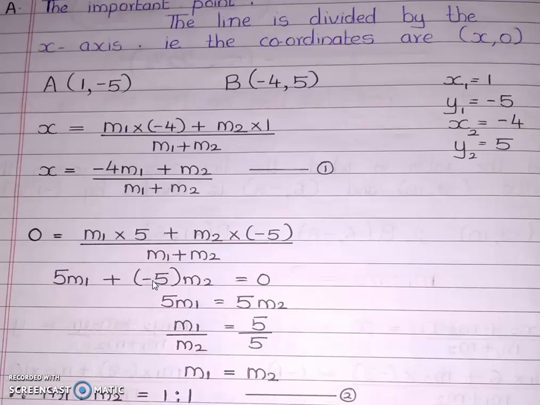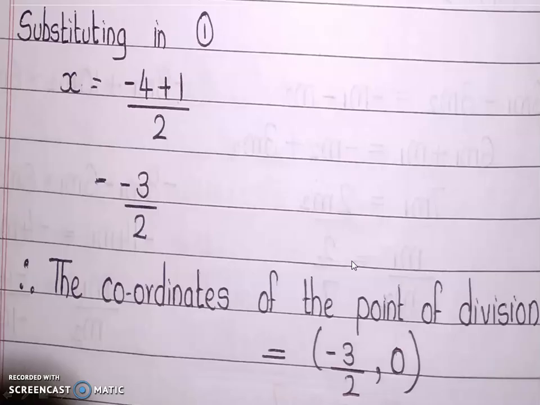Now, taking minus 5m2 to the other side, it becomes positive. So, what is m1 by m2? m1 by m2 is equal to 5 by 5. Or in other words, you can say that m1 is equal to m2, or m1 by m2 is 1:1. The same thing we can substitute in equation 1. m1 is equal to 1, m2 is equal to 1.